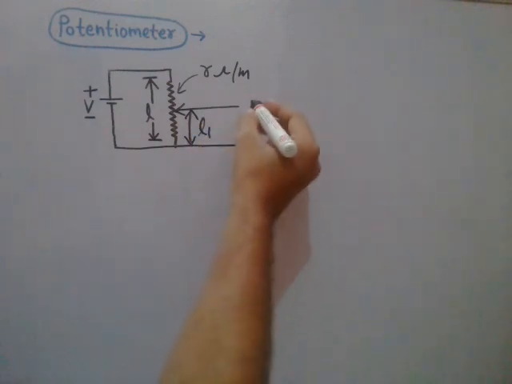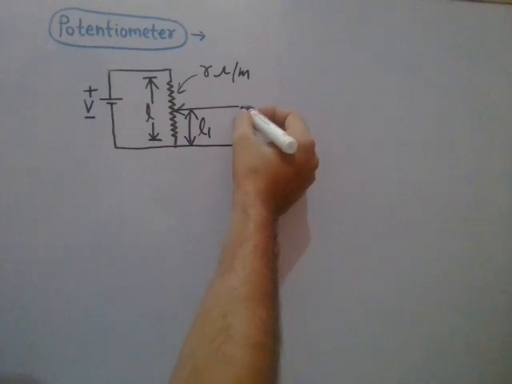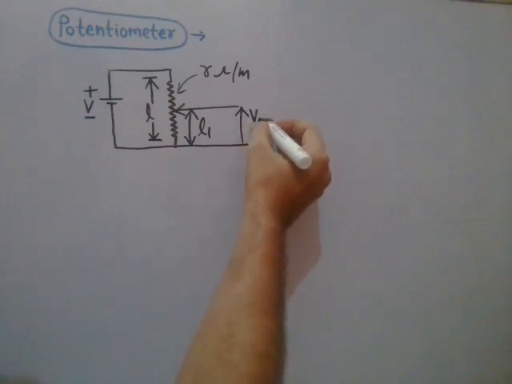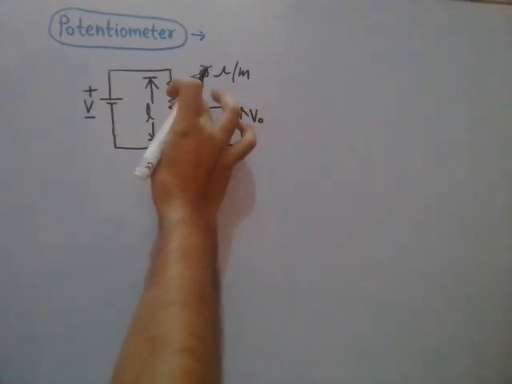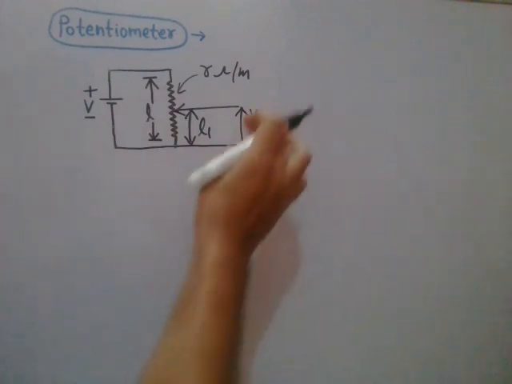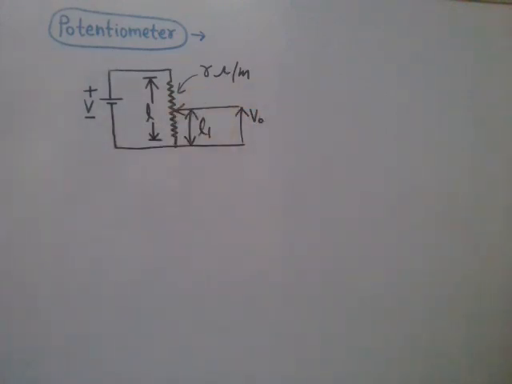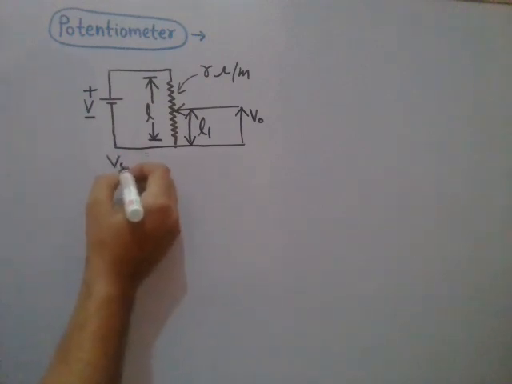The output voltage is V0, which we have to measure. So what is the output voltage? The output voltage is across this length L1.